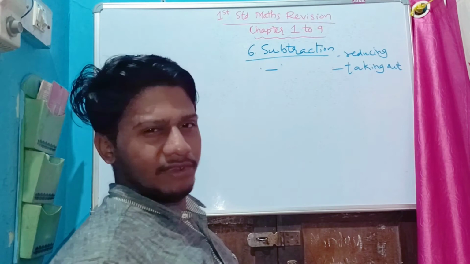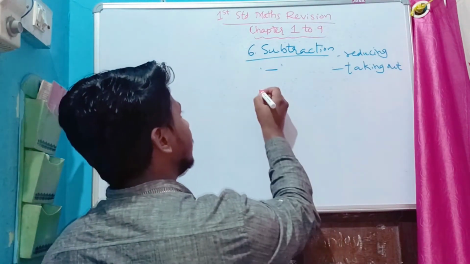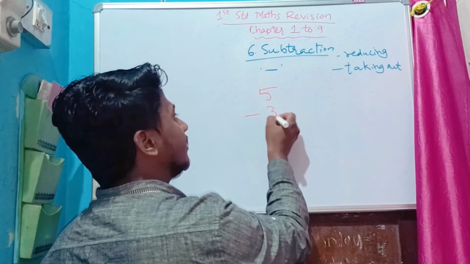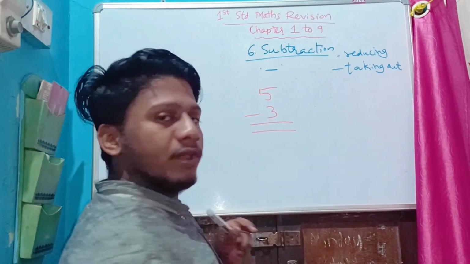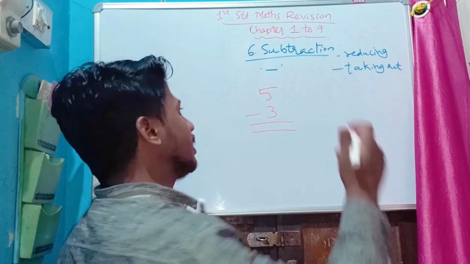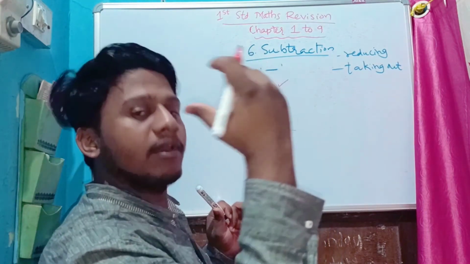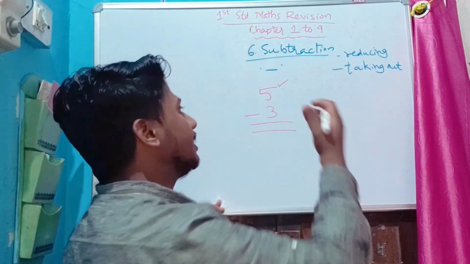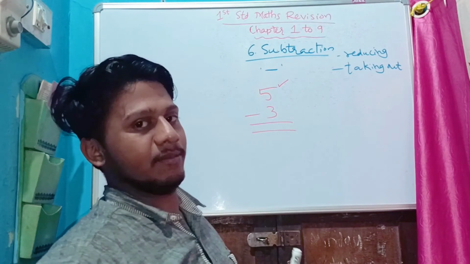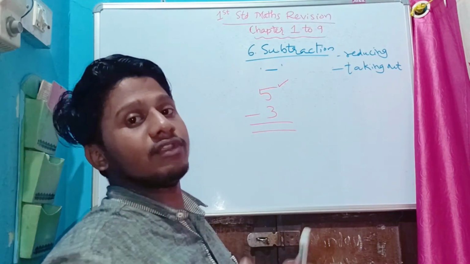The same example we will take, that is 5 plus 3 we took for addition. Here instead of 5 plus 3 we will write 5 minus 3. And always for the first standard kids, you have to write bigger number first, then you will take smaller number. Okay. For subtraction we need a bigger number out of which we are going to subtract.